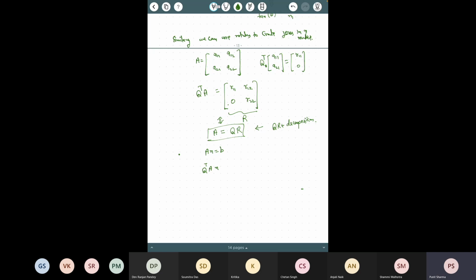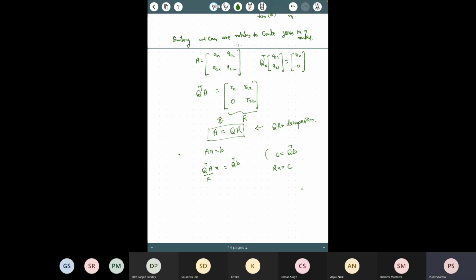When you apply Q transpose from the left hand side, it would be Q transpose B on the right. So now, in solving the system of equations, first you define C, which is Q transpose B. Once you have this C, Q transpose A is just R, because A equal to QR. So then you solve Rx equal to C.